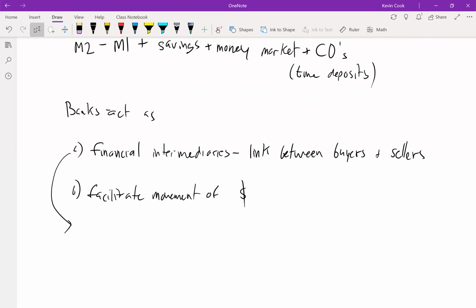So when you think of the big overarching theme of what they do, they're going to lower our transaction costs. So if we think about loans, if we didn't have a bank or these financial intermediaries, and I have leftover money at the end of the month, I need to find somewhere to send that money.